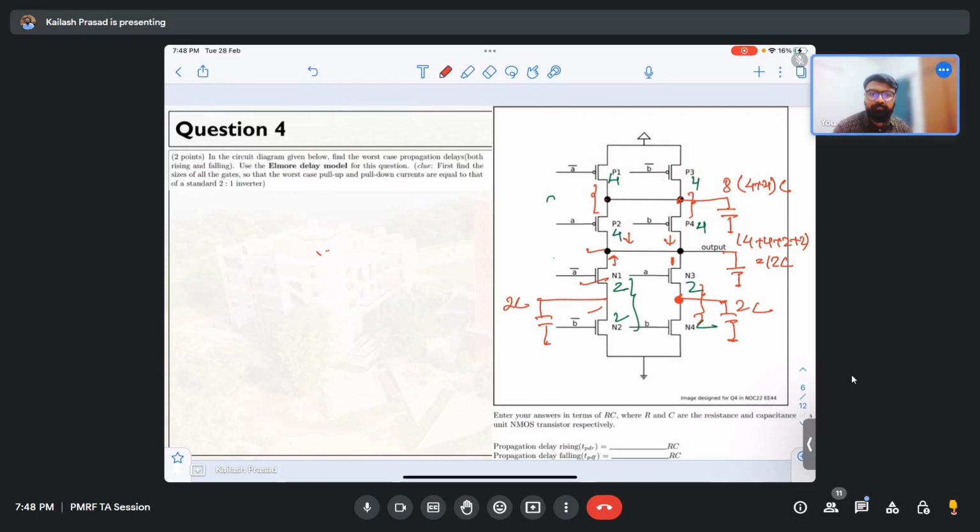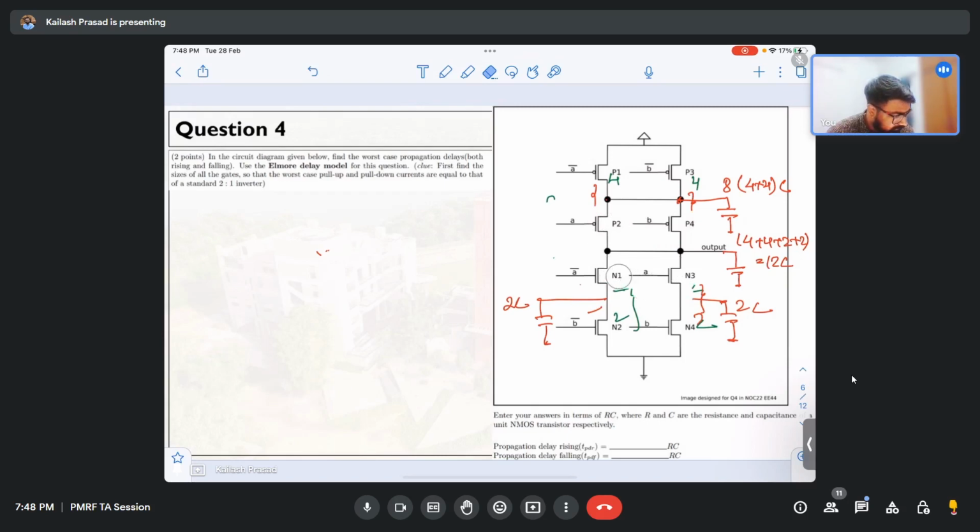Now the question is, how do you find out the propagation delay? Let me draw the circuit for you. If you want to find out the propagation delay, you have to choose any one of these paths. For the worst case propagation delay, the basic thing to keep in mind, I will just remove all the sizes for you.